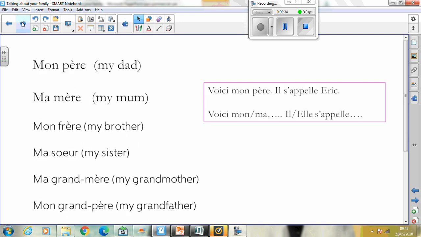Right, here is some of the vocabulary that you would have learned from the flashcards. So repeat after me. Mon père, ma mère, mon frère, ma sœur, ma grand-mère, mon grand-père.